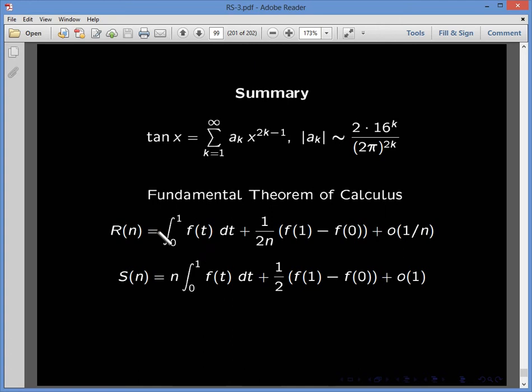The first value, the constant value, is of course the value of the definite integral, and the second part in here is a further analysis in terms of the powers of 1 over n. But we also looked at this version S_n, which is the growing function. It's more fun. So the sum of all the function values at well-distributed x values between 0 and 1, then we have this nice formula.